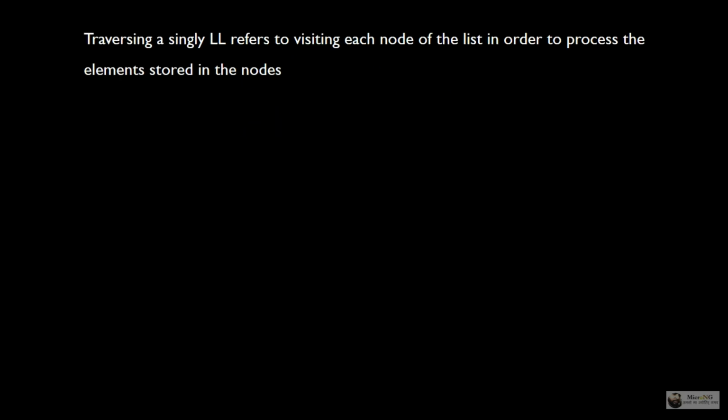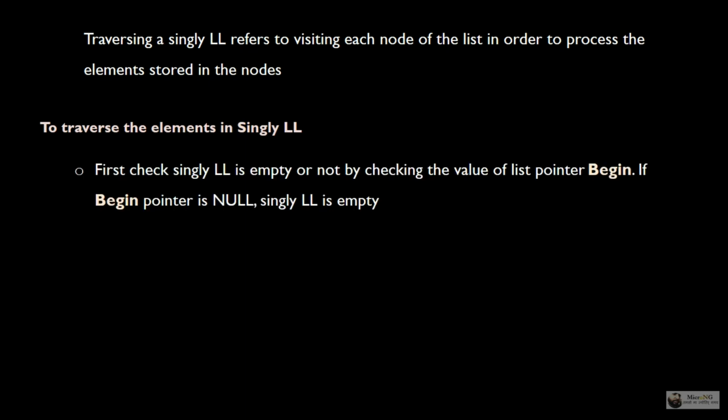Traversing a single linked list refers to visiting each node of the list in order to process the elements stored in the nodes. To traverse the elements in a single linked list, first check whether the single linked list is empty or not by checking the value of the list pointer begin. If the begin pointer is null, the single linked list is empty.